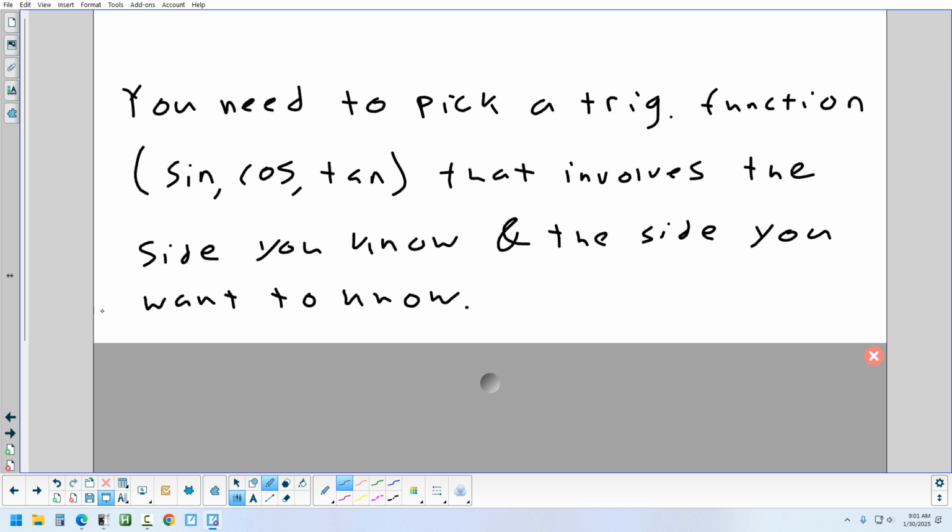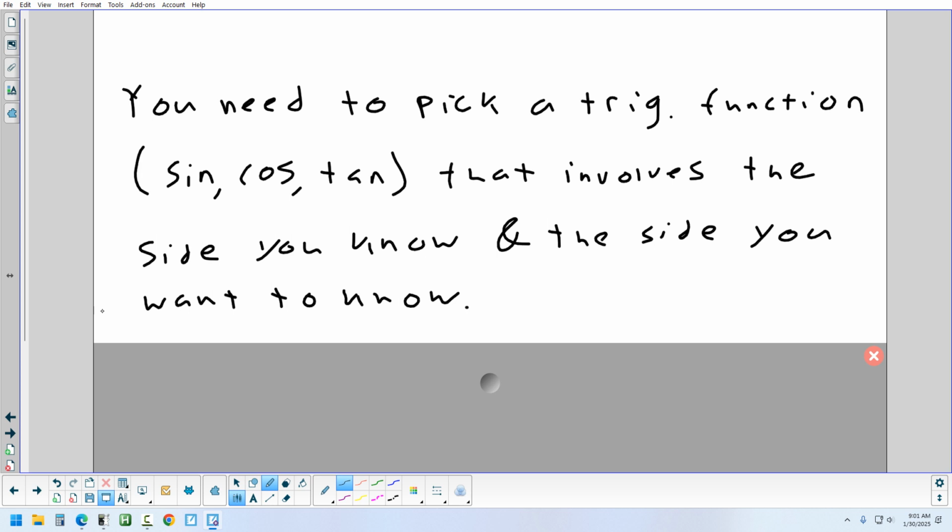And the way that you're going to figure out which trig function to pick is you're going to draw a diagram, you're going to label it, and you're going to look at what it is that they gave me. What's the position of that side? Did they give me opposite, adjacent, or hypotenuse? And then what side is it that I need to find? Depending on which two sides are involved, the one you know and the one you want to know, you're going to figure out the trig function.